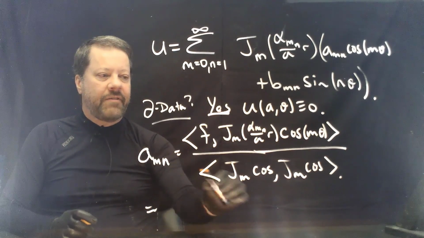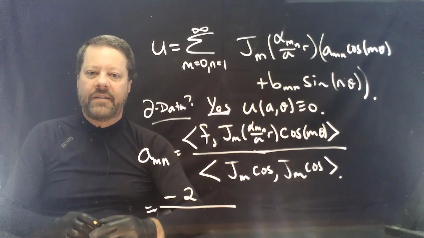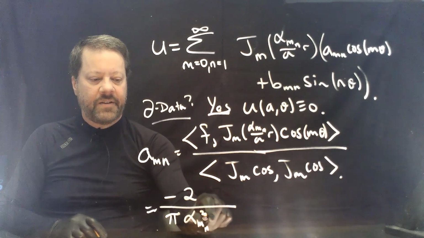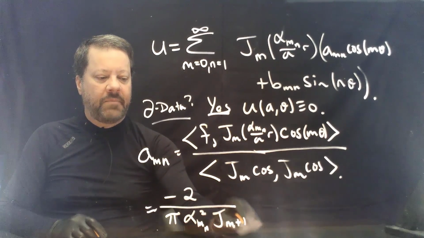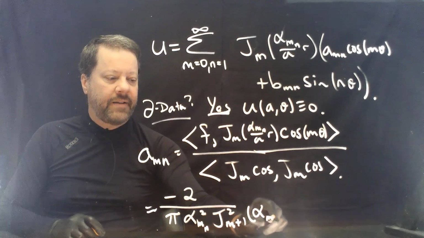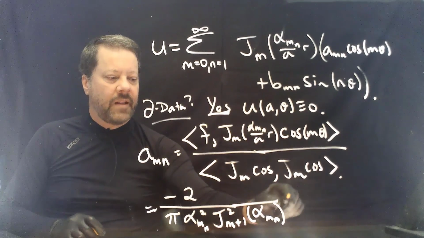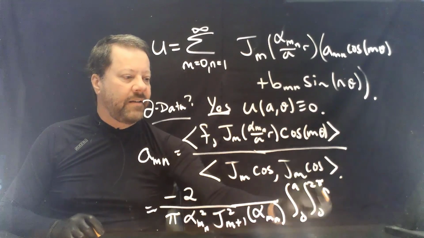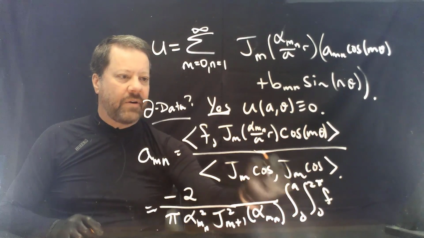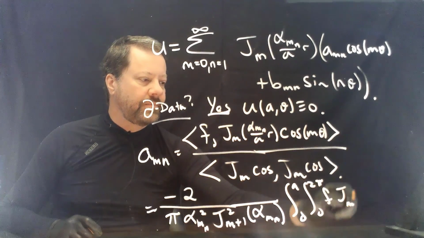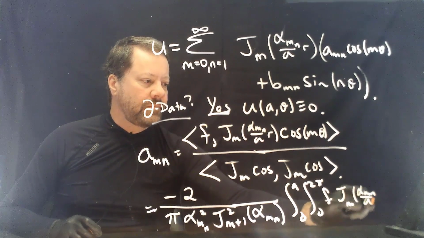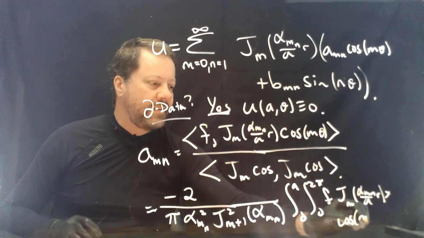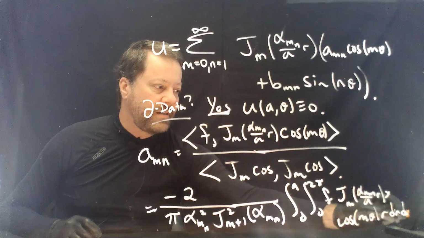And this ends up giving you a value of -2 divided by pi alpha_mn squared J_{m+1} squared evaluated at alpha_mn times the integral from 0 to a, the integral from 0 to 2 pi, our function f times our Bessel's function times the cosine of m theta r dr d theta.